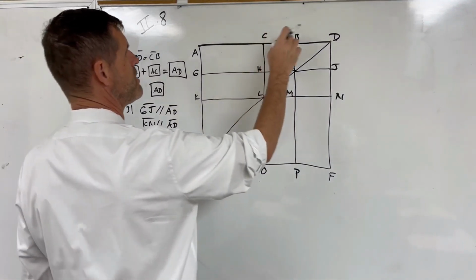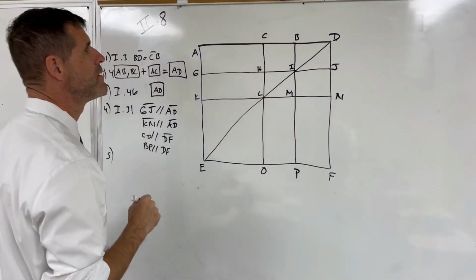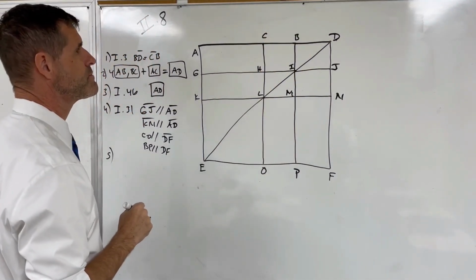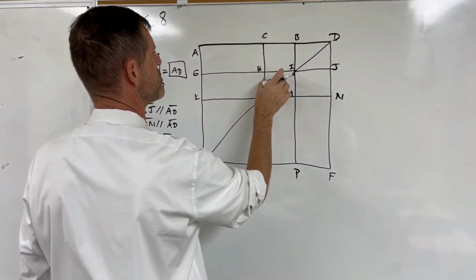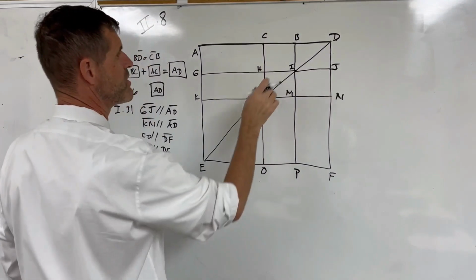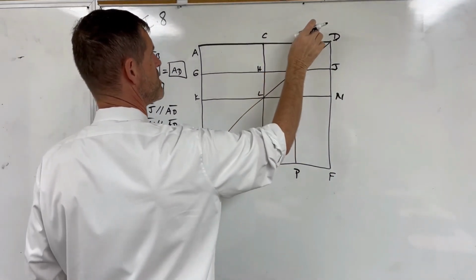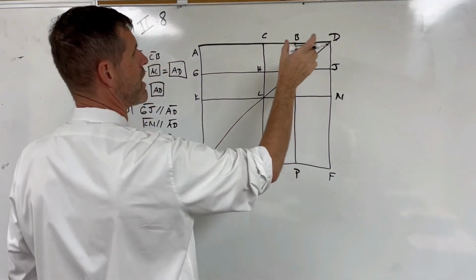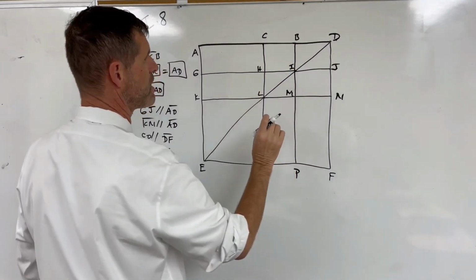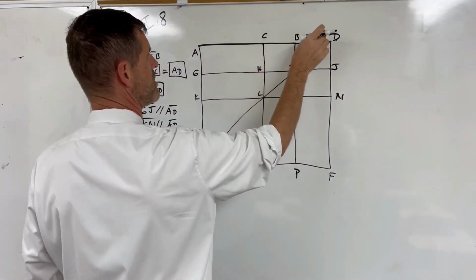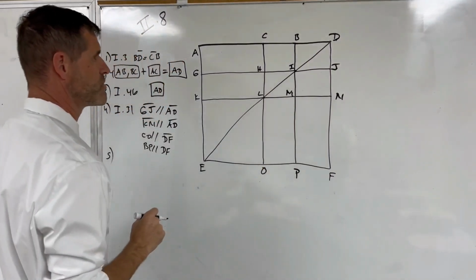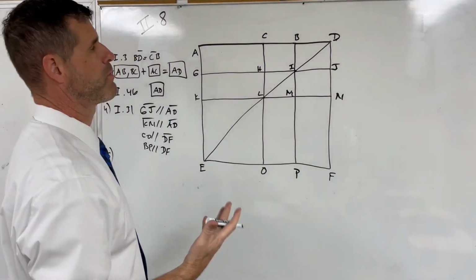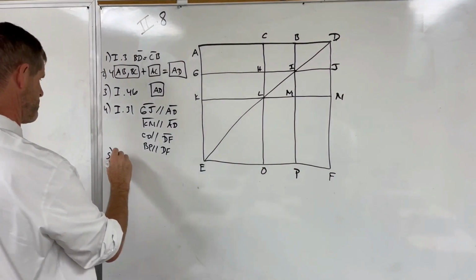Now we know that CB is equal to BD, and CB is equal to HI, which means that HI is equal to BD. But BD is equal to IJ, so all these lines CB, BD, HI, and IJ are all equal to each other. And now we can apply proposition 36 twice.